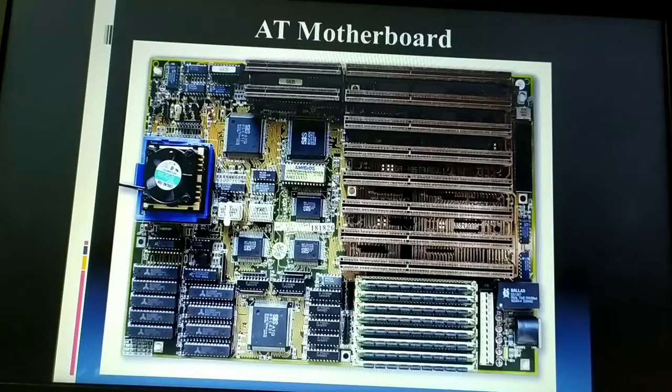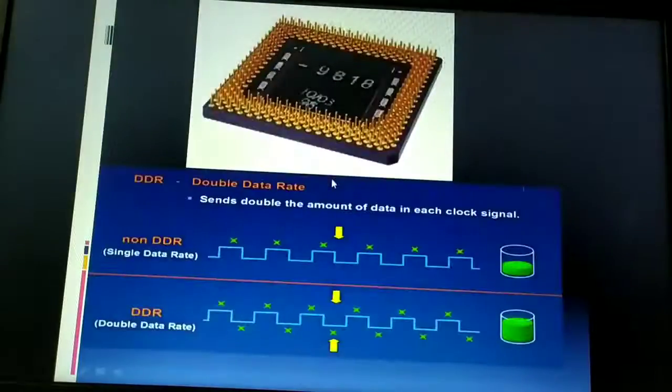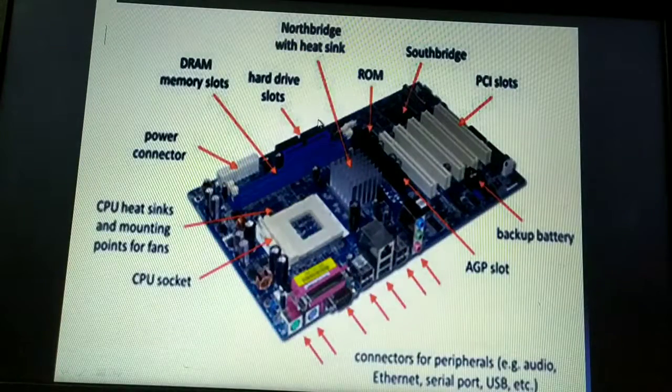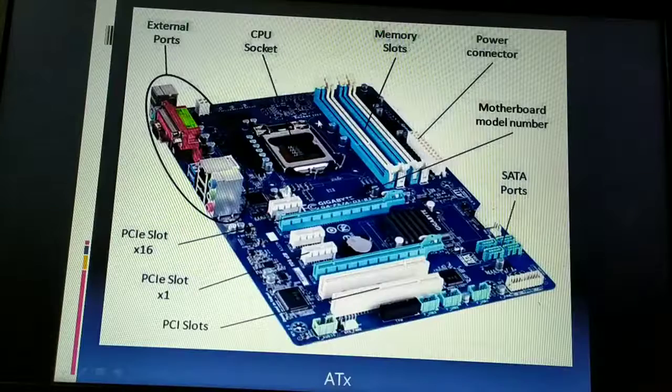Moving on to the next one, the PCI Express slot. PCI slots are different. That's the peripheral component interconnect. Whereas the PCIe slot refers to the peripheral component interconnect express slot.